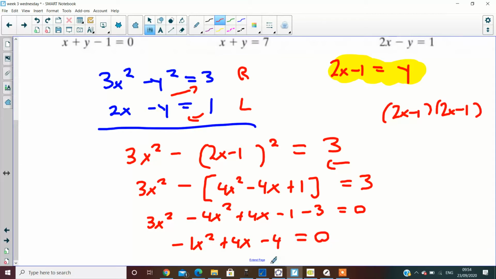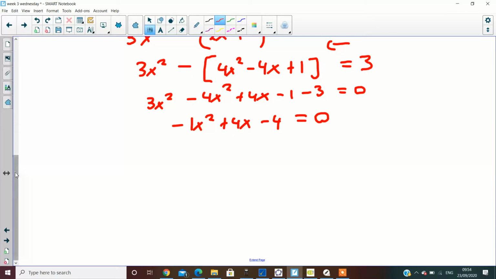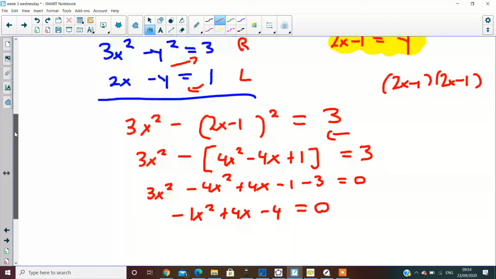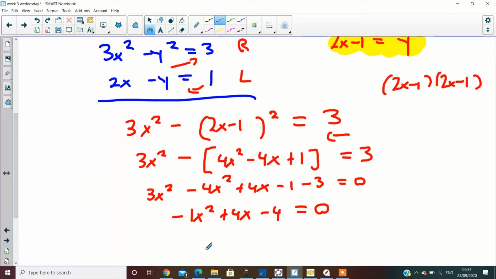Now, I don't like quadratic equations that start in a minus, so what can you do about that? x squared minus 4x plus 4. Two numbers that multiply to give you 4 but add to give you minus 4. And then x will equal 2.